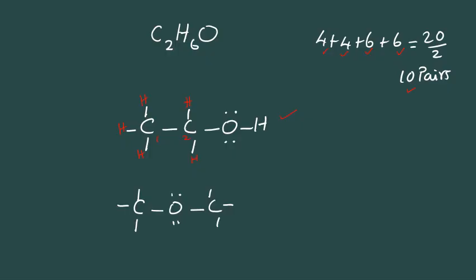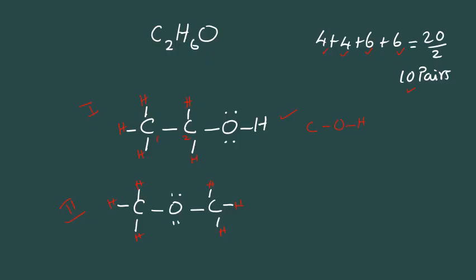Of course, we got structure 1. You can see that here oxygen is bonded to one of the hydrogen and another carbon. In this case, you can see the second structure. We have 2 carbon and how many hydrogen? 1, 2, 3, 4, 5, and 6. And we have 1 oxygen.